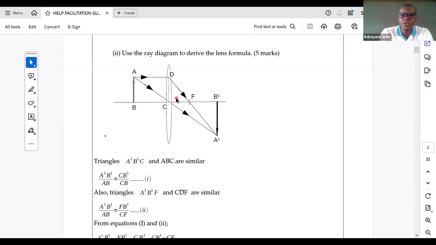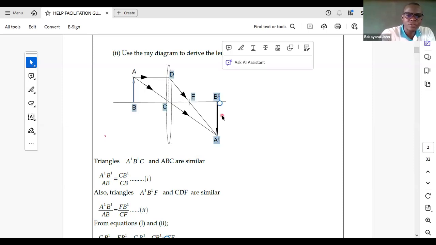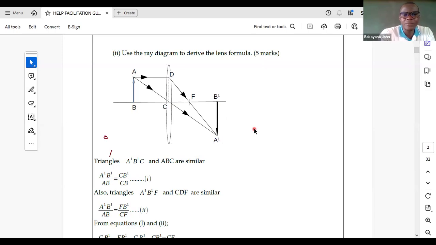The formula for similar triangles is that the dimension of the image divided by the dimension of the object is the same as the image distance divided by the object distance.